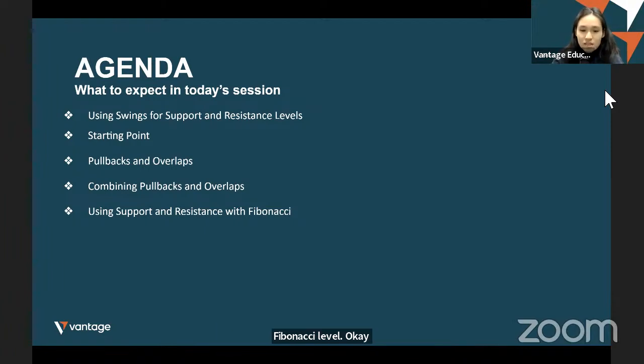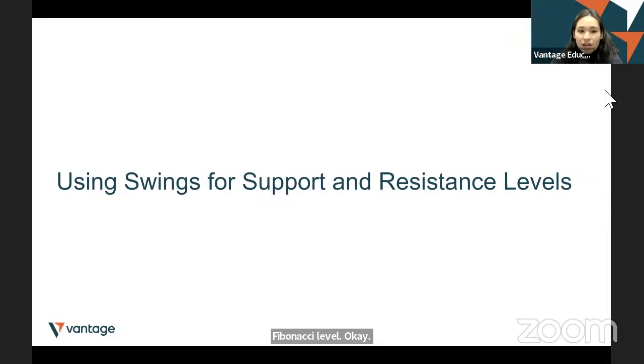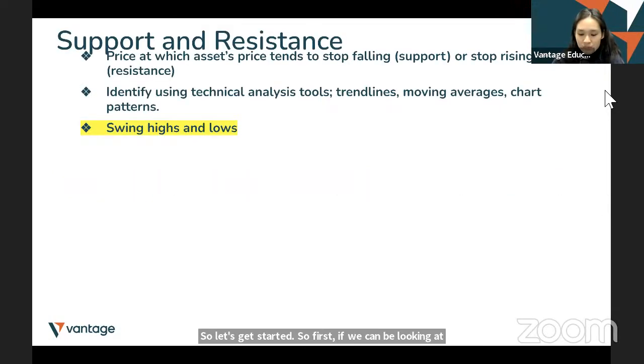So let's get started. Firstly, we're going to be looking at how to identify swings. Support and resistance levels in trading refer to prices at which an asset's price tends to stop falling, which is the support, or stop rising, which is resistance. To identify these levels, you can use technical analysis tools such as trend lines, moving averages, and chart patterns.